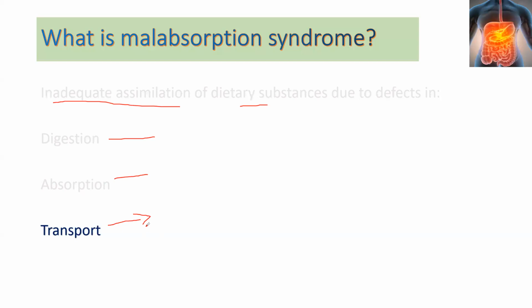So when there are no chylomicrons, there is no transport, so there is malabsorption. But we typically take this as a defect in absorption, which is called malabsorption. Maldigestion is when there is not proper digestion in the GI.